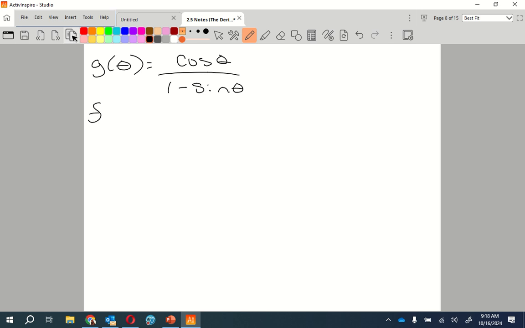So f is cosine theta, f prime is negative sine theta, g is 1 minus sine theta, g prime is, what's the derivative of negative sine?